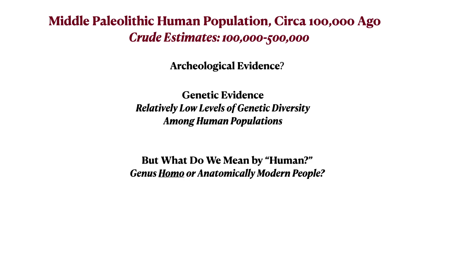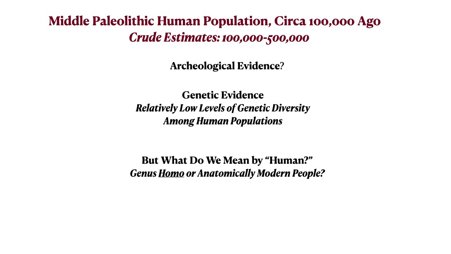Better evidence is from genetics, and the argument here is that there's relatively low levels of genetic diversity among human populations, leading scholars to think that if the human population had been much larger, we would have seen more diversity, particularly in African populations, the continent where humankind originated.